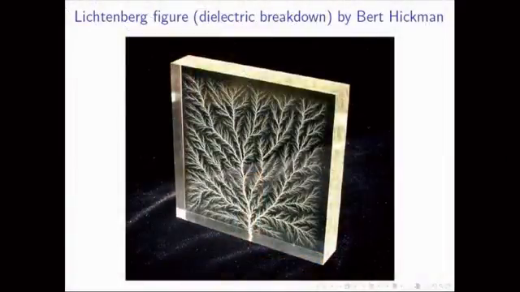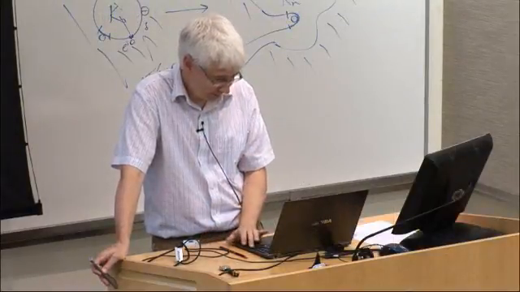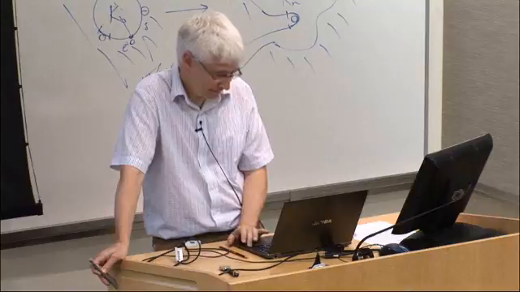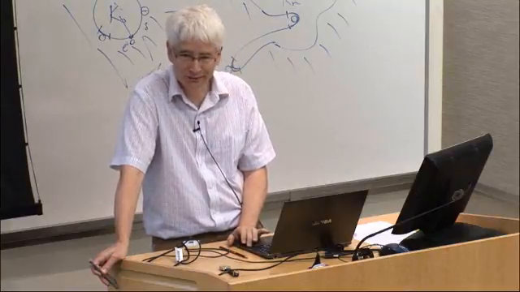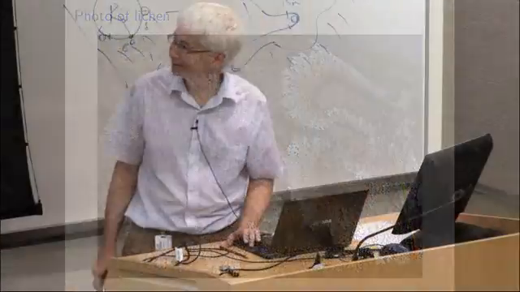So these are caused by some sort of electrical effect like lightning. Lichtenberg figures, famous source of paperweights. There's a different sort of growth model coming from biology. You can see sort of fingers coming out, but maybe this is growing roughly like a ball, but it's a simulation of DLA.